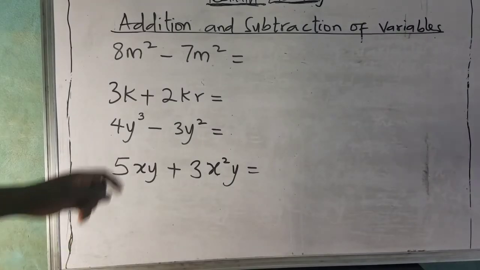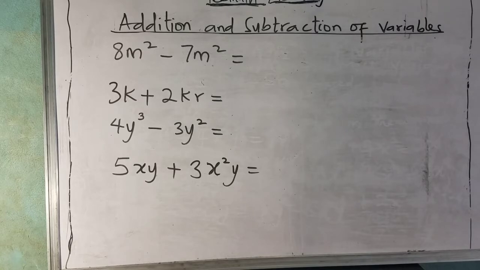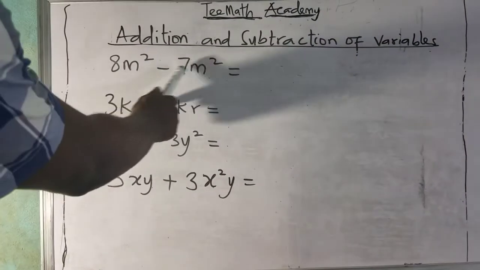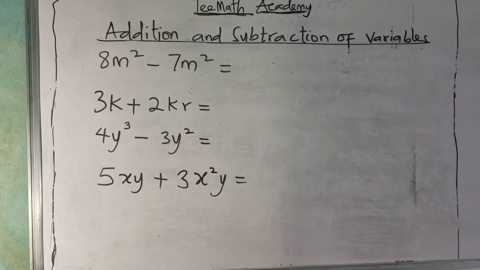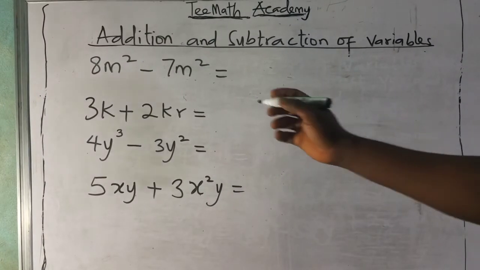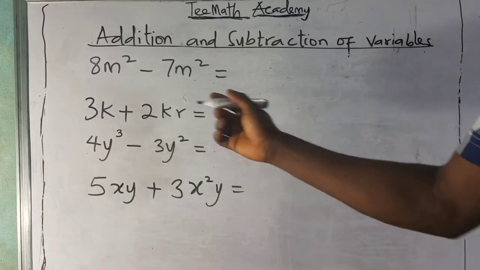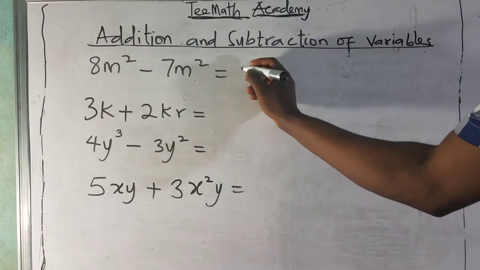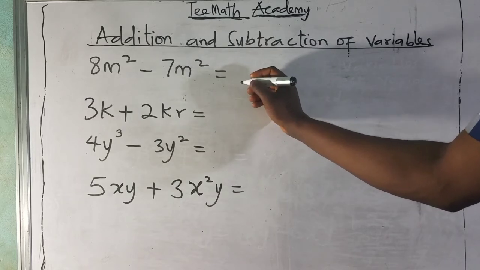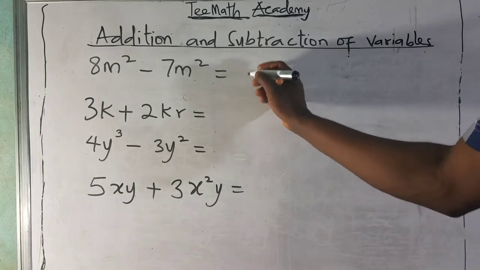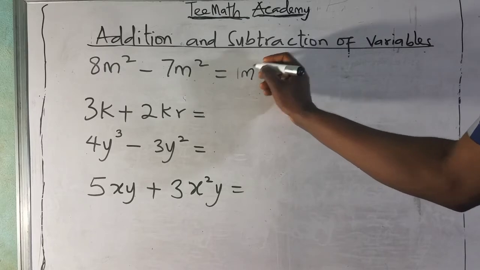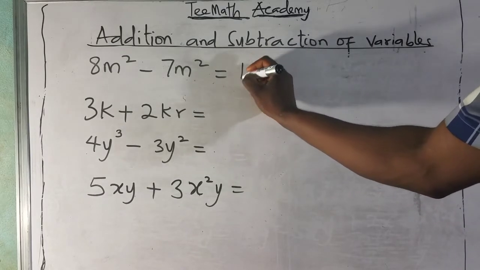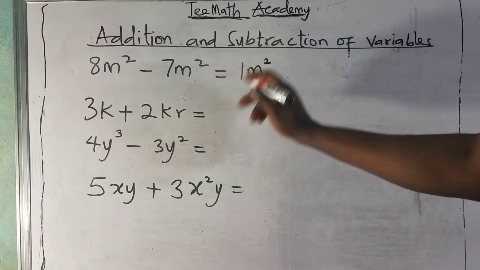Here is 8m squared minus 7m squared. They have the same variable and the same power. Then you are free to go because they are equal. So 8 minus 7 is 1. But in mathematics, we don't write 1m. It's supposed to be m squared actually, but we cannot say 1m squared.